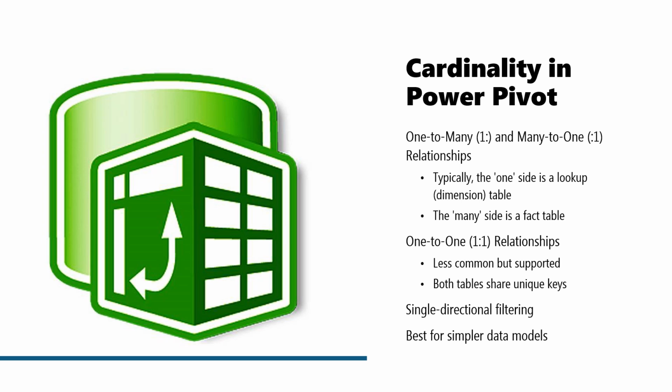There's no option for bidirectional filtering in Power Pivot. This limitation means we have to plan our data models carefully and sometimes create additional calculations to get the insights we need. Power Pivot works best for simpler data models with clear one-to-many relationships. It's a great tool if we're already comfortable in Excel and want to perform advanced analytics without switching platforms.